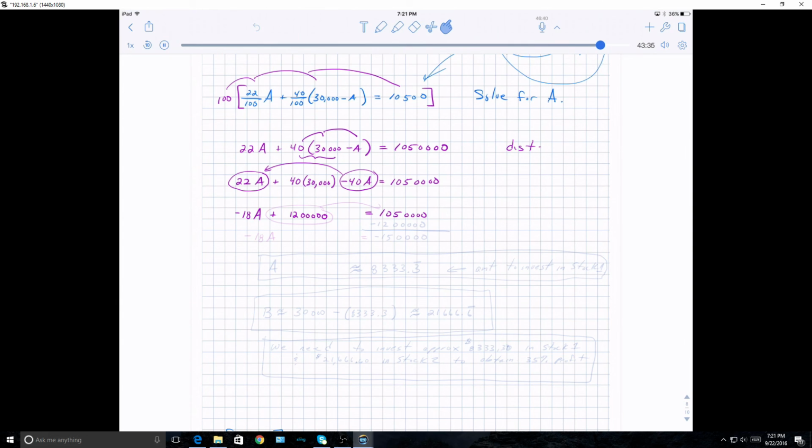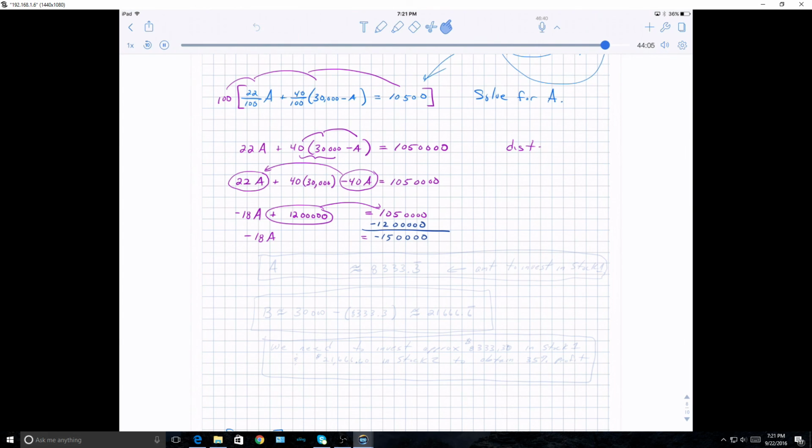So then all we have to do is solve. So let's do that. We'll take negative 18A. I'll do it the classic way here, right? This is positive, so over here will become what? Negative, so that's negative this one. So that looks like it's about negative 150,000.